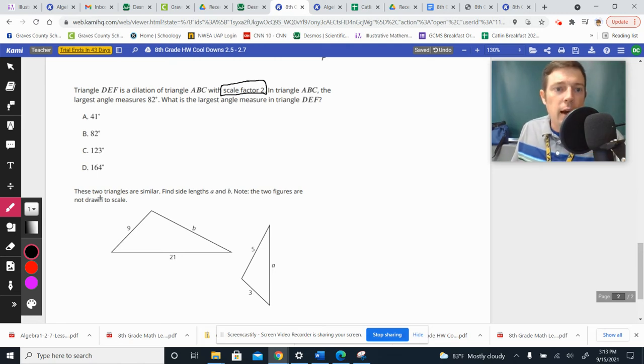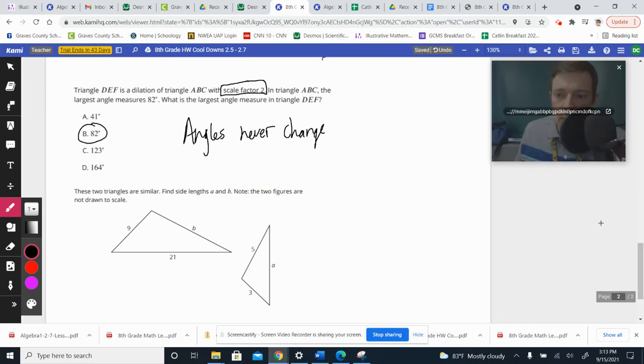That's wrong. When you dilate a triangle, or in any kind of dilation, the angles never change. So if the largest angle in the first triangle is 82, the largest one in the next one is also 82. They stay the same with the dilation.